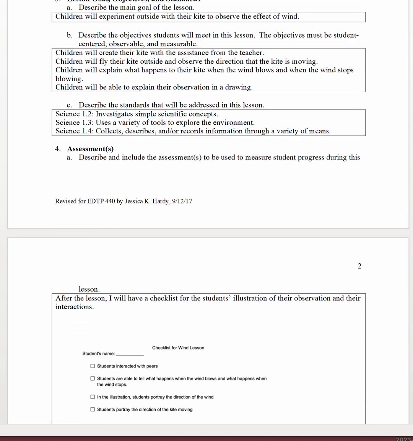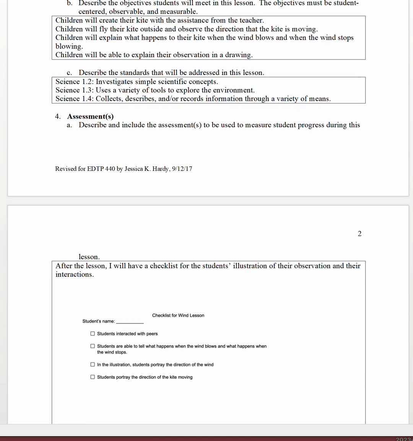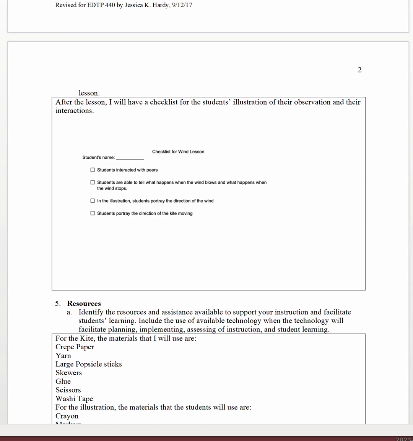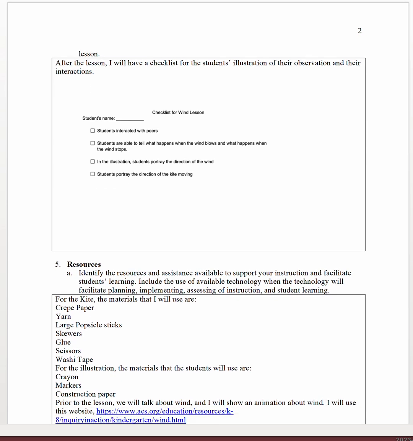And your standards are fine. And here's your assessment. I will have a checklist for students' illustration of their observation. I think that's great if you're noticing if they're interacting with peers. I would pull out this idea that they would know what would happen when the wind blew and when it stopped.